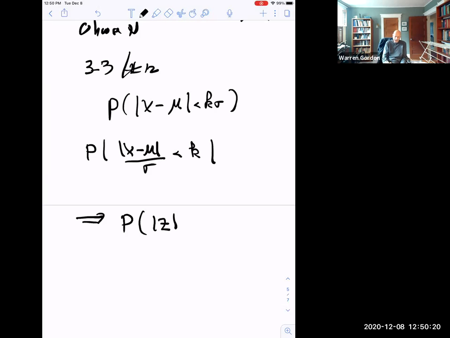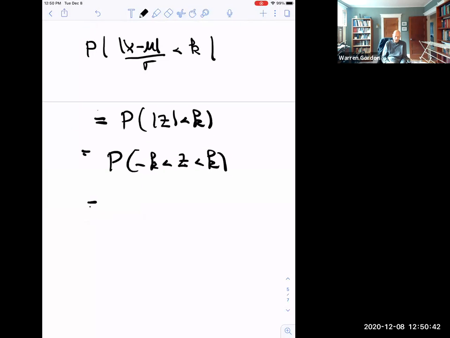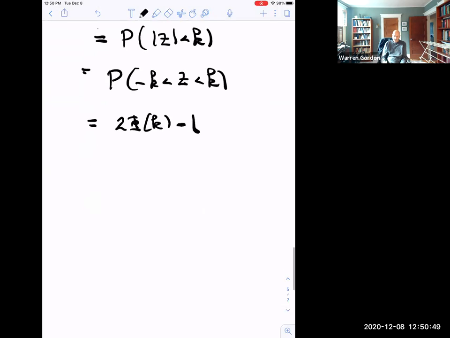Since we're told that x is normal, if we make a linear change of variable, we always get a normal less than k. So this is exactly equal to the probability that z is between minus k and k, which is 2 phi of k minus 1. This is now a standardized normal distribution.